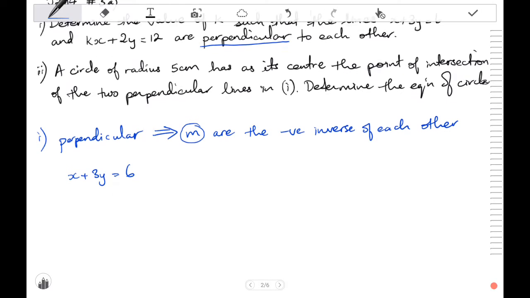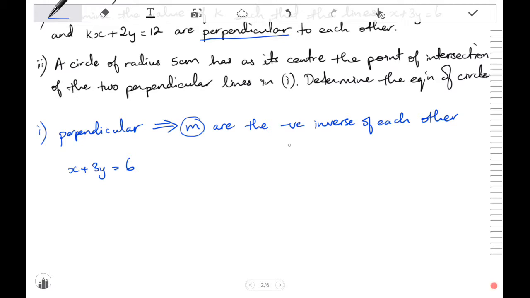And as we did in class, in order to do that, we recall the general form of the equation of a line is y equals mx plus c. So I need to make y the subject of the formula. So that's very simple. So we'll solve the equation for y. So rearranging, I'll get 3y equals minus x plus 6.